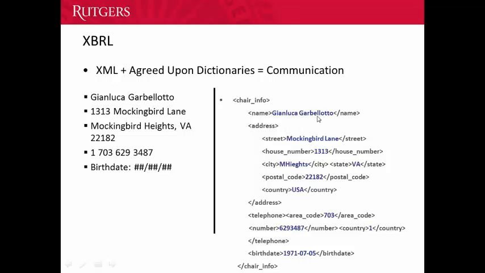For example, this is the name of a chair because the tag says it's chair information. And here is the name of the street, the number of the house, the zip code and the country, the telephone number, the area code, the number, the birthday. So everything is very clear and understandable. All those tags are called metadata. Metadata is information about the information. It provides a description and explanation of information.